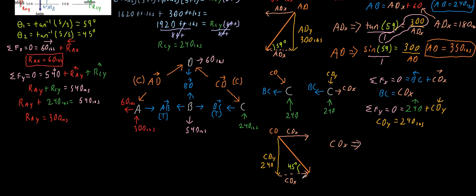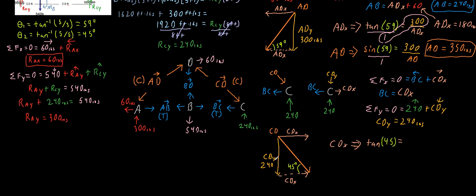We know our opposite, and we are looking for our adjacent, so that would be tangent. I could use sine for solving for CD and then cosine for CDX for the record, but I'm going to go this way, using tangent of our angle, which this time is 45 degrees. Some of you might have noticed there's a trick you could do with a 45-degree triangle, but I'm going to use our regular math.